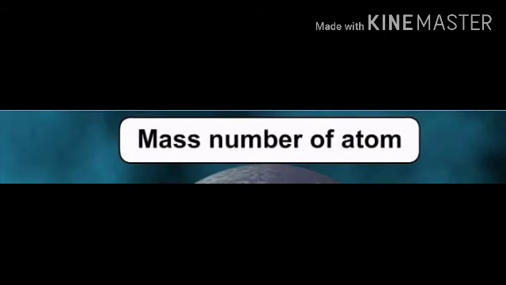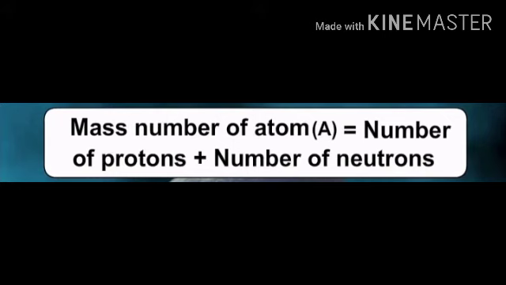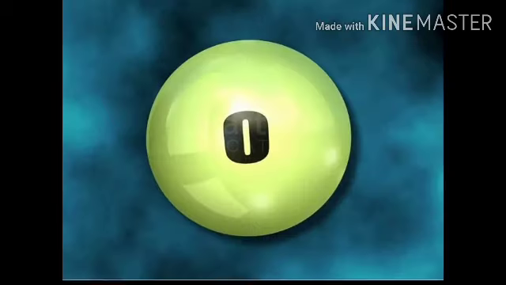Coming to the mass number of an atom. The mass number of an atom is equal to the number of protons plus the number of neutrons, and it is given by the symbol A. So if we take a carbon atom, the number of protons is 6, the number of neutrons is 6, so the mass number is 6 plus 6, that is 12.